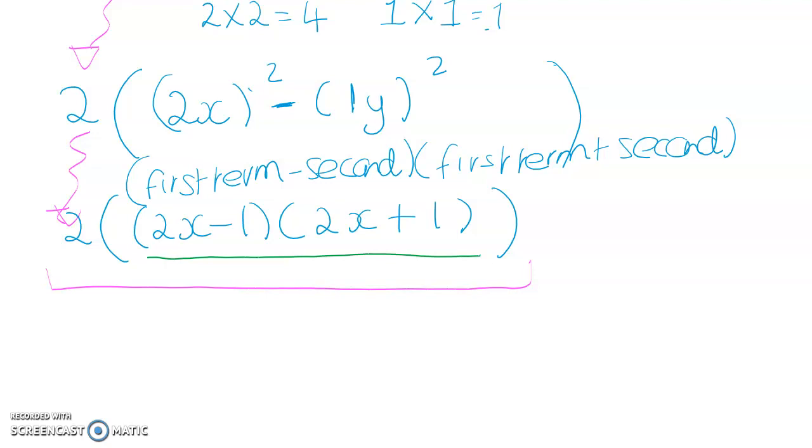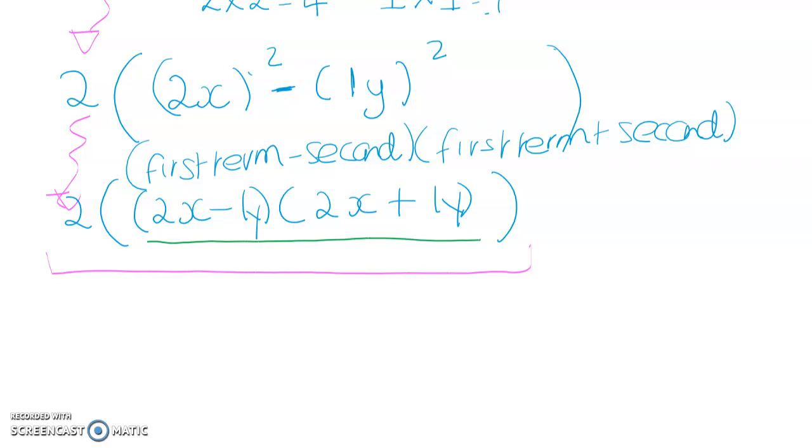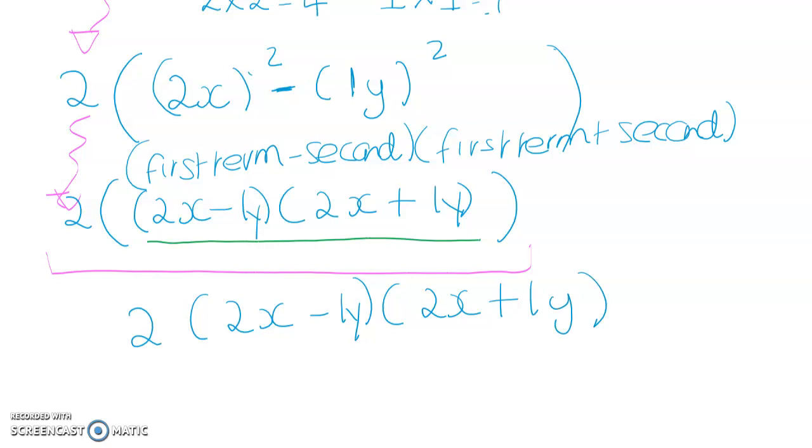Oh, I've seen one little mistake there. That should be minus 1y and plus 1y. Okay, so therefore your answer is 2 bracket 2x minus 1y. I suppose we could take away some of the brackets, couldn't we? 1y bracket 2x plus 1y. There's our final answer.